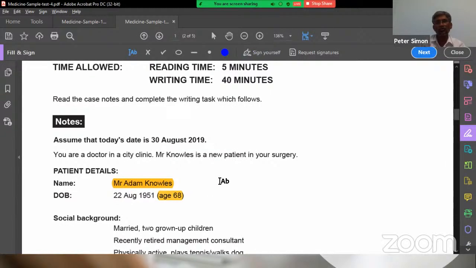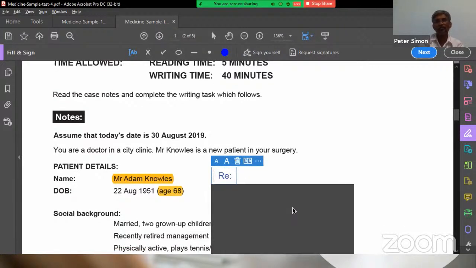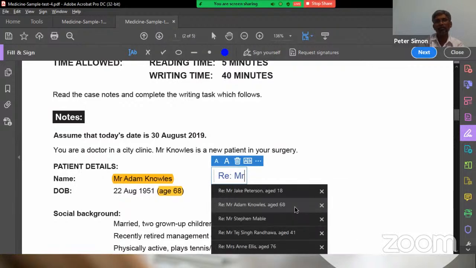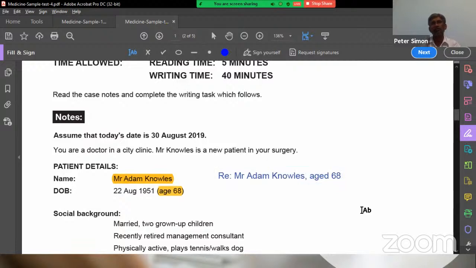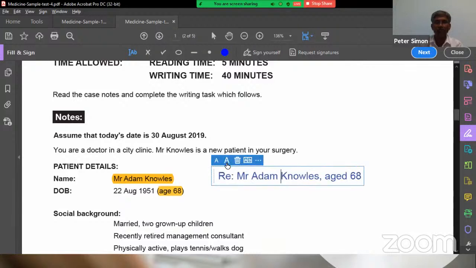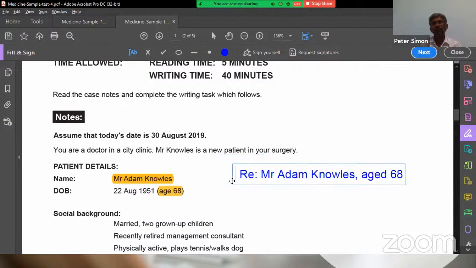So you'll be using these two things like this: regarding Mr. Adam Knowles, aged 68. This is one sentence which you are going to write. So simple as that.